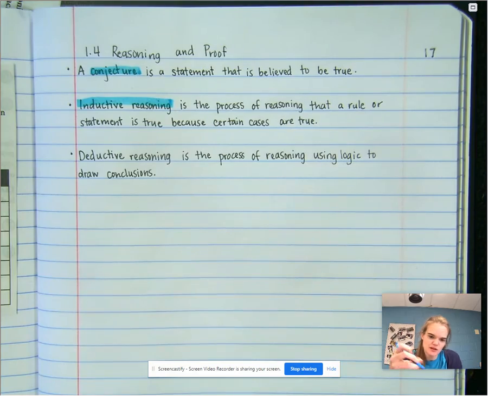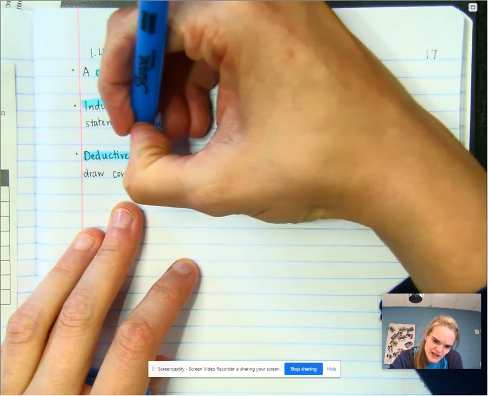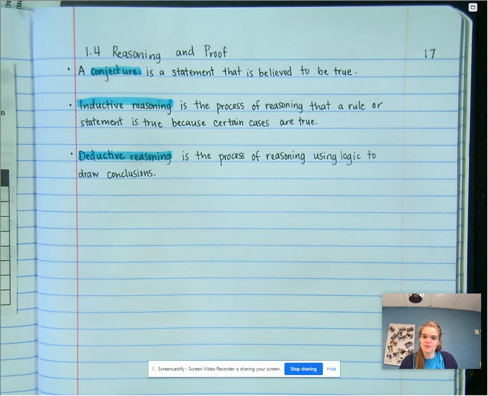It's kind of the opposite of inductive reasoning, where I take specific cases and make a whole generalization. It's kind of the opposite of that.